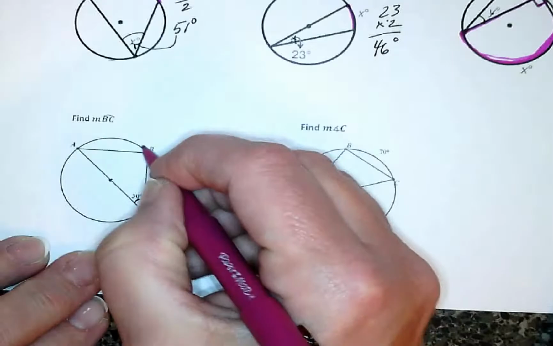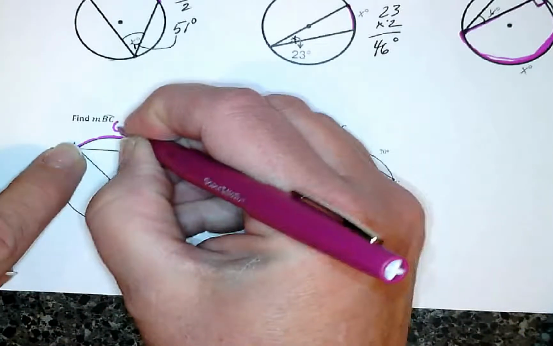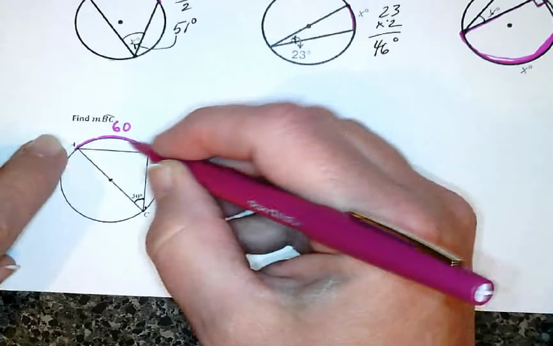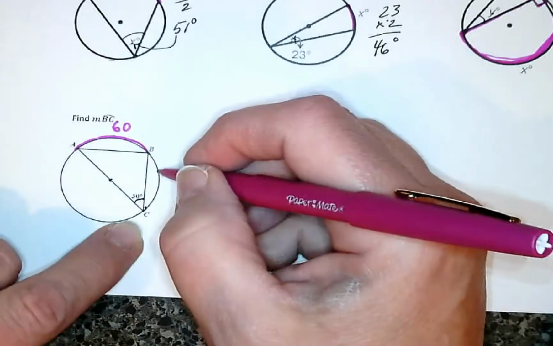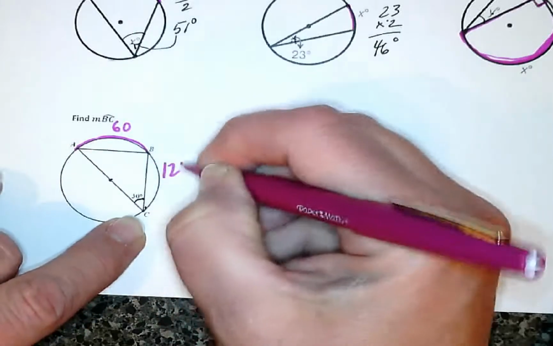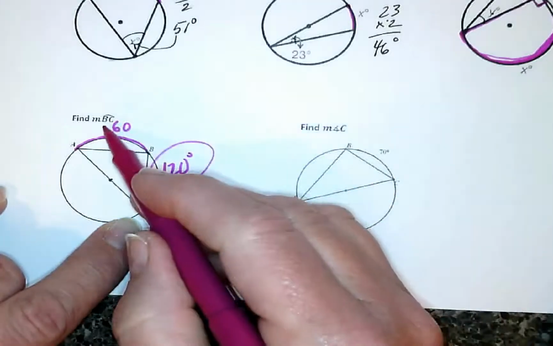So from here to here, if I follow those sides out, that amount is going to be 60. 30 times 2 gives me 60. I know all the way around is going to be 180, so that leaves for BC 120 degrees. That would be my answer for arc BC.